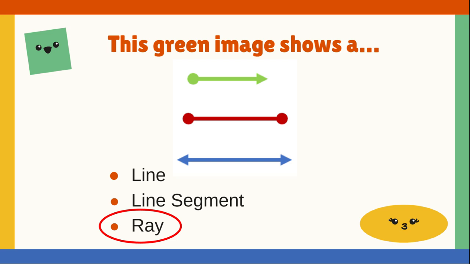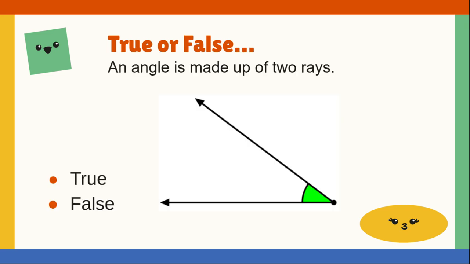This one would be a ray. It does have one endpoint and an arrow on the other side. True or false, an angle is made up of two rays. That would be true because they share a common endpoint and then they each have one side that continues on.